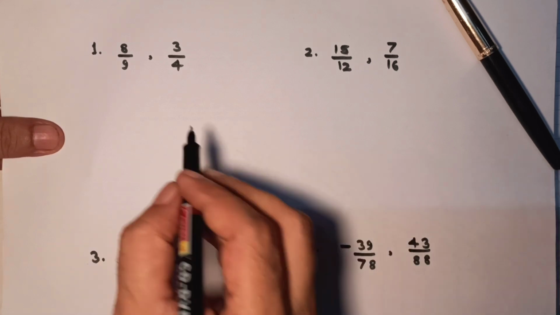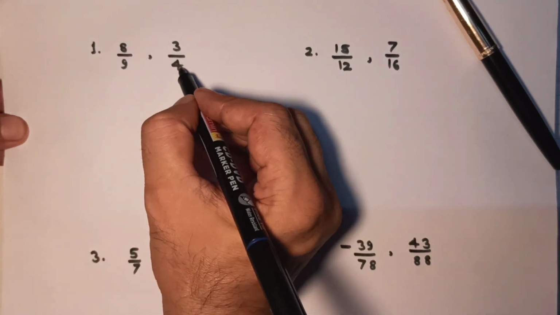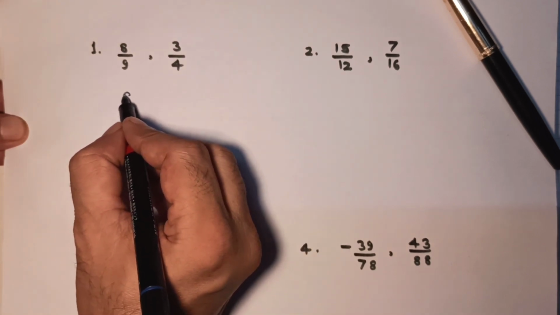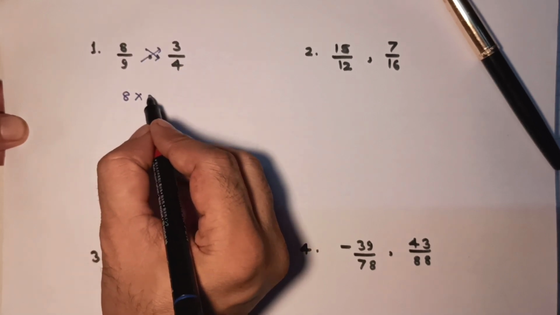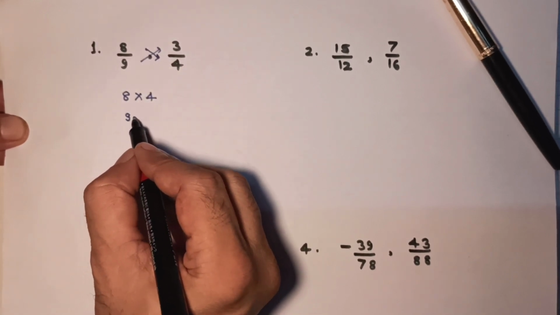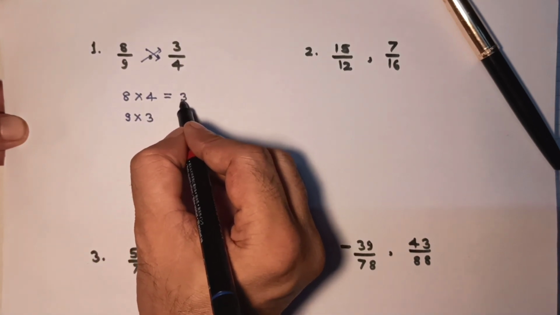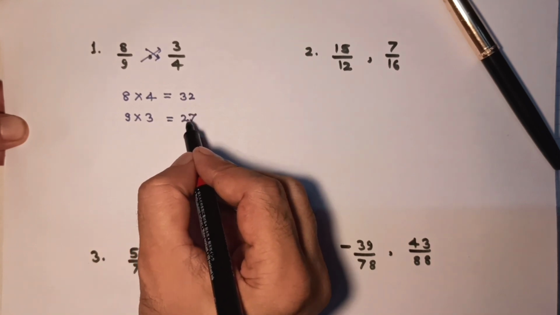Same way, which I have told you, this is your A, B, C and D. So just cross multiply, 8 into 4 and 9 into 3. 8 into 4 is 32, whereas 9 into 3 is 27.